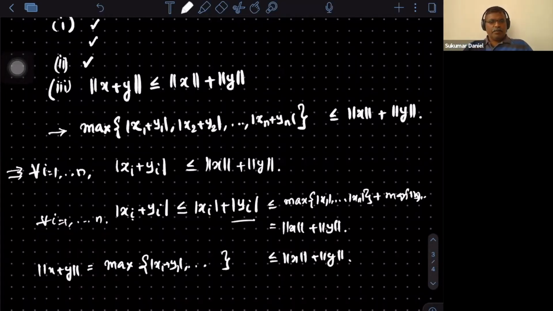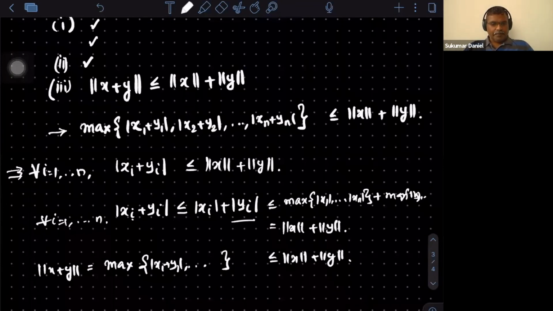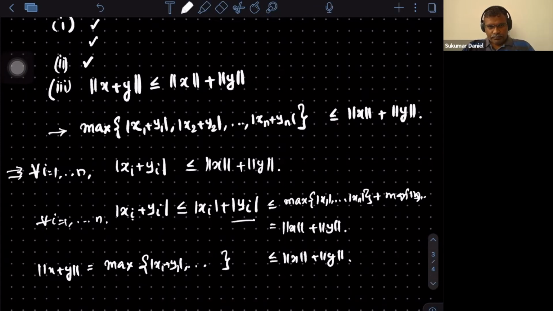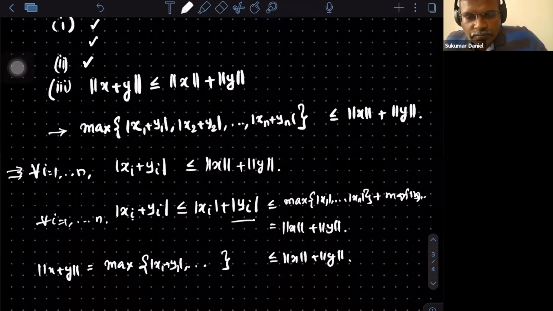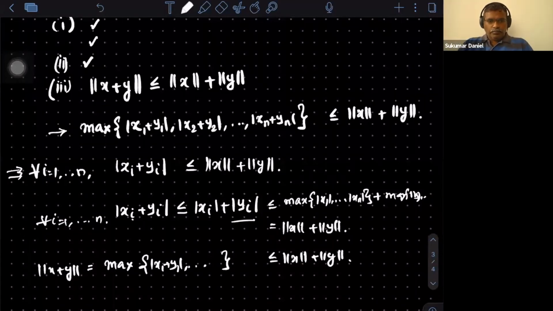And hence we have established the triangle inequality. Is it clear for all of you? Good.